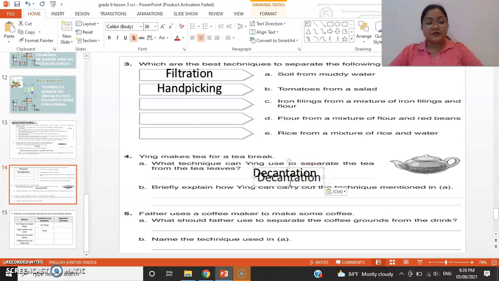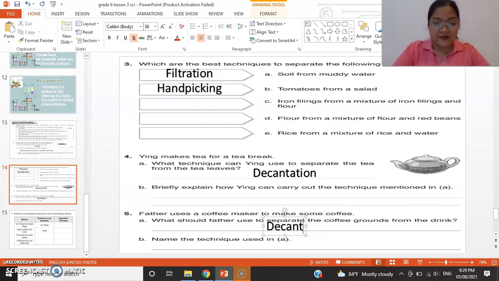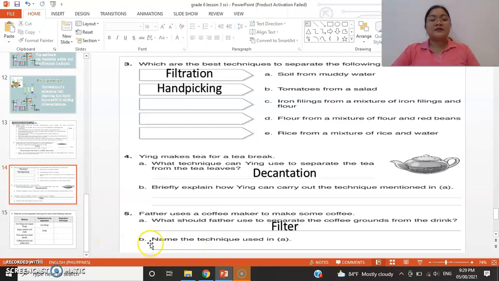Father will use a filter. So letter B, name the technique used in A. So what technique uses a filter? Okay, answer on your own.